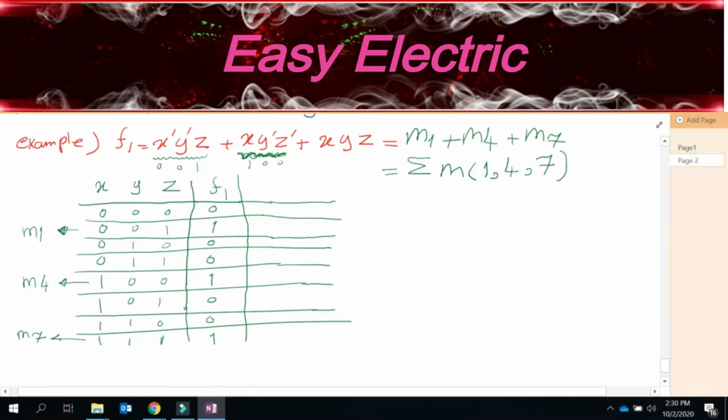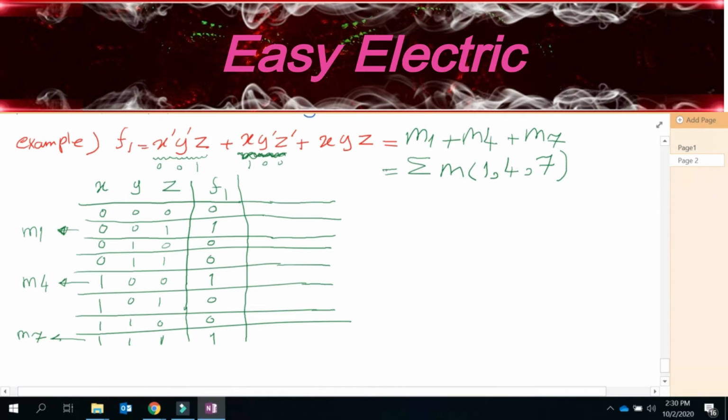So if you have the function's truth table, definitely you could write the function in Boolean algebra using these minterms. It's an OR between all the minterms where the function is 1, which is M1, M4, and M7. Okay, so it has the other side too.